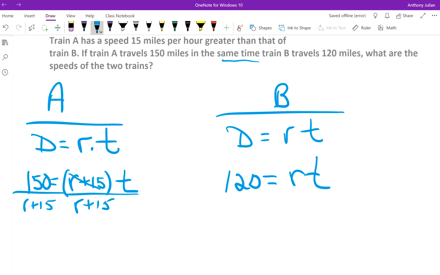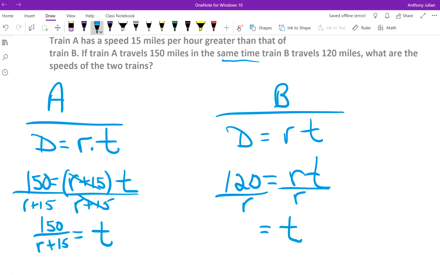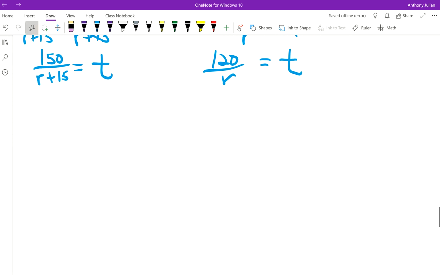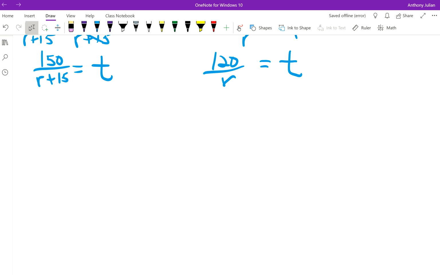Okay, r plus 15's cancel, so t equals this 150 divided by r plus 15. And over here, I'm going to divide both sides by r. And t is going to equal this 120 divided by r.